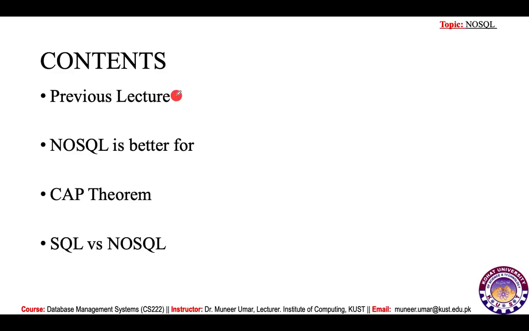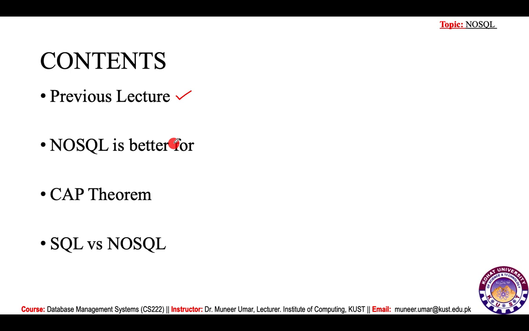First, we will look into the previous lecture. As you know, the previous lecture was about NoSQL, the basic concepts in NoSQL. Then we have a topic that is NoSQL is better for. It doesn't mean that NoSQL is better than RDBMSs. In some cases, RDBMSs are better, and in some cases, we may say that NoSQL is better.